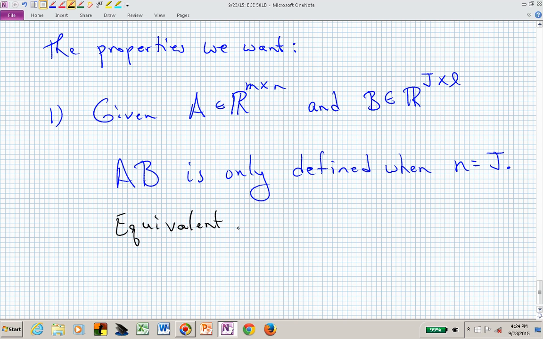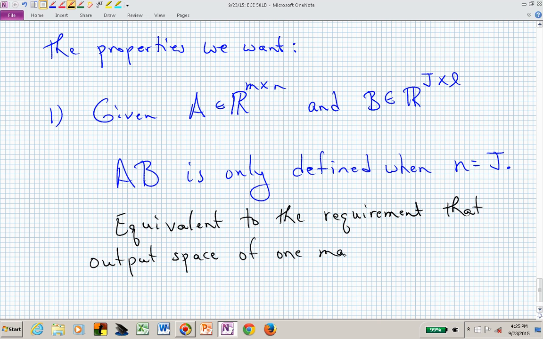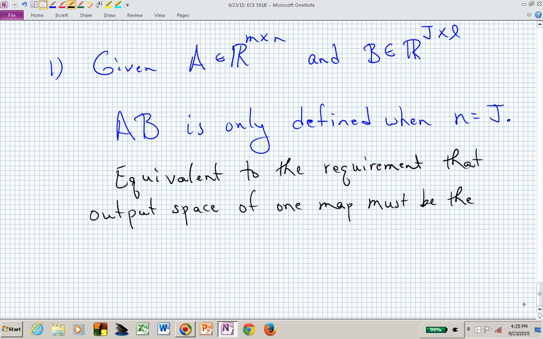That constraint that n is equal to J is equivalent to the requirement that the output space of one map must be the input space of the other map.